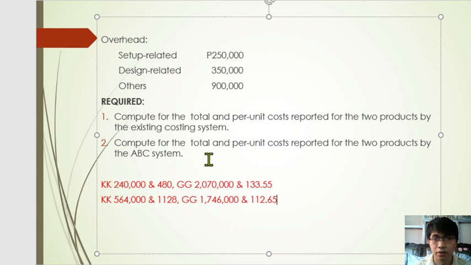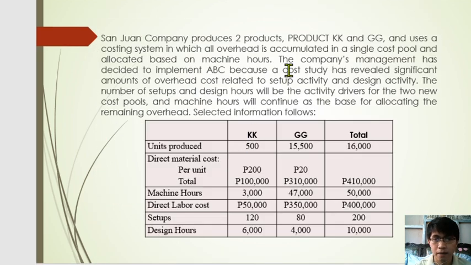Next, under the activity-based costing system. It says that under activity-based costing, two cost pools will be created, the setup activity and the design activity. And machine hours will continue as the base for allocating the remaining overhead.